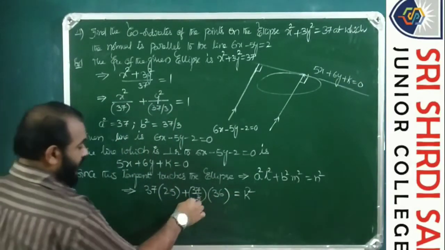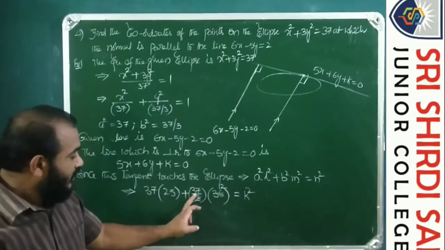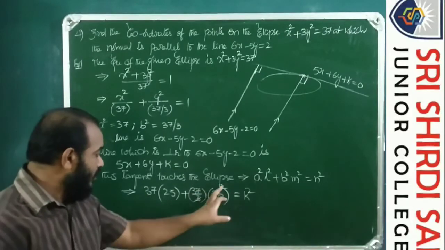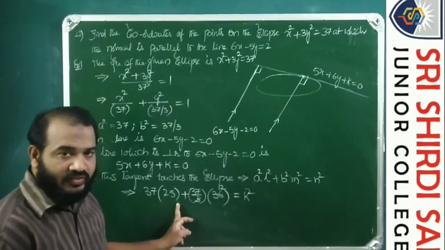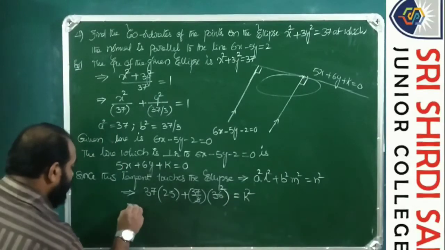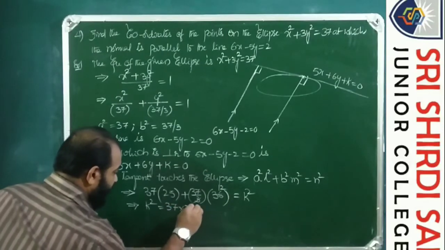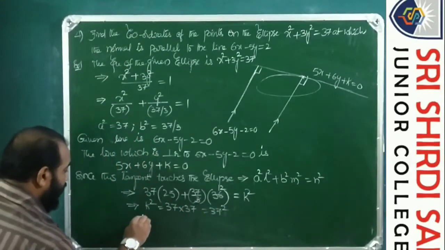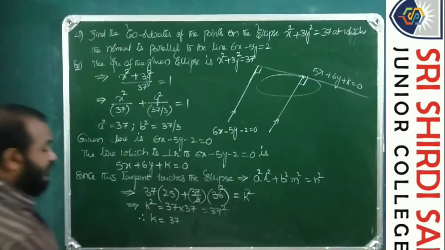So 3 12s are 36, 37 25s, 37 12s. So 37 if you take common, 12 plus 25 is 37. So 37 37s. This is k square equals to 37 square. Therefore k equals to plus or minus 37.